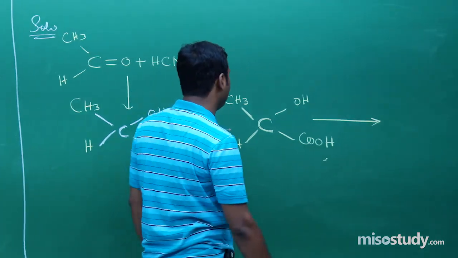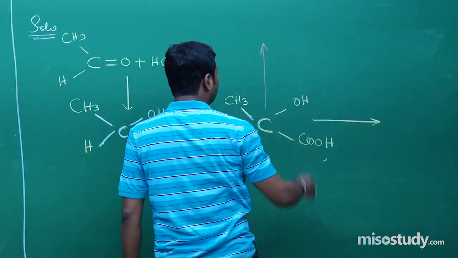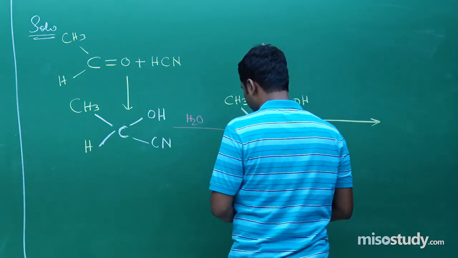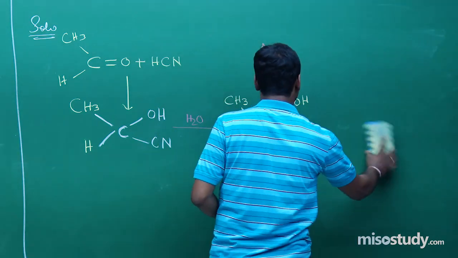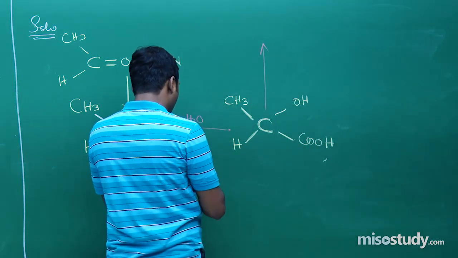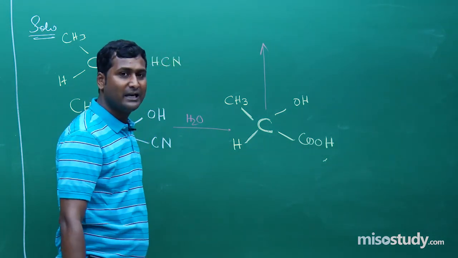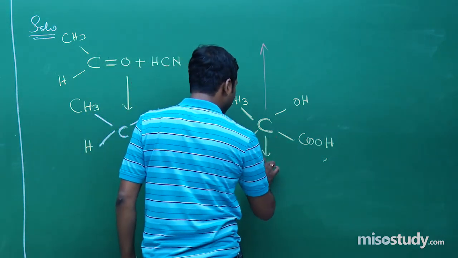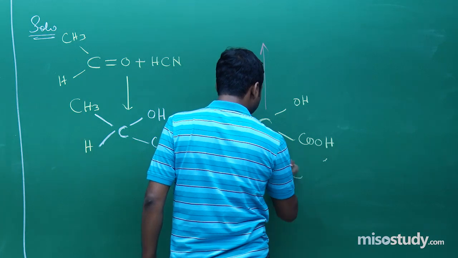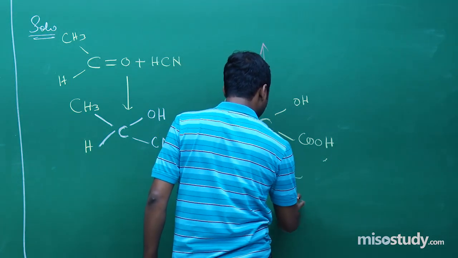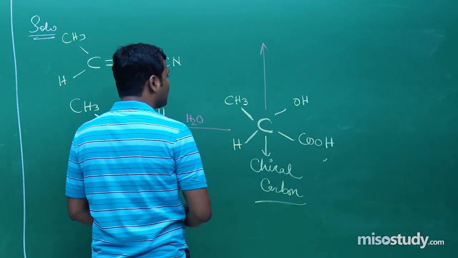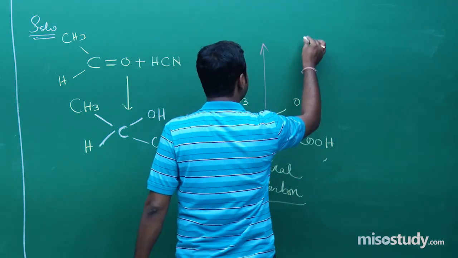It will exist in two forms, the DL form, optically active. Why optically active? This one is a chiral center, chiral carbon. Clear friend? So they form the DL form.